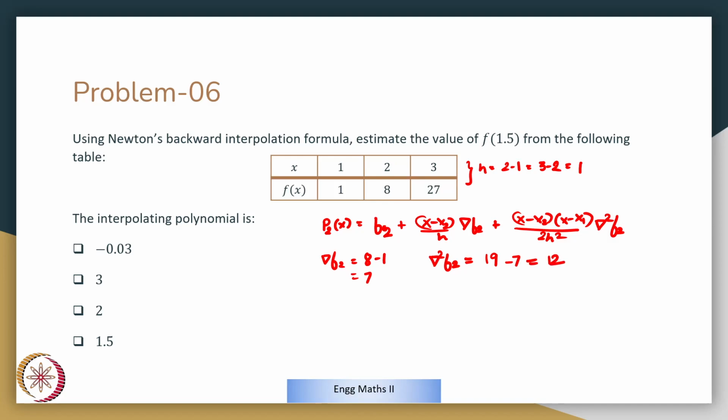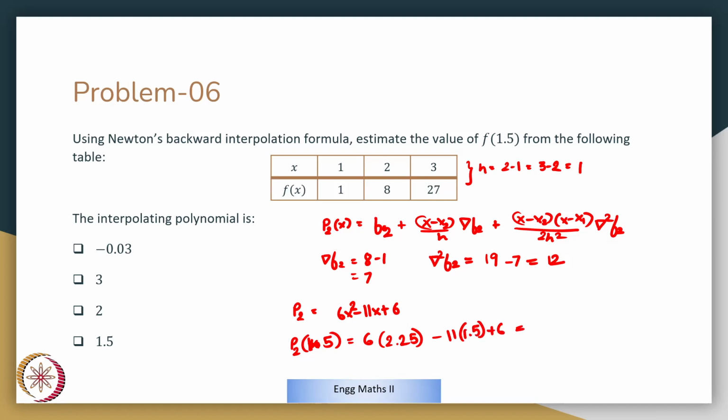Substituting the values here, we essentially end up with P2(x) equal to 6x square minus 11x plus 6, and if you do P2 of 1.5, which is nothing but 6 into 2.25 minus 11 into 1.5 plus 6.